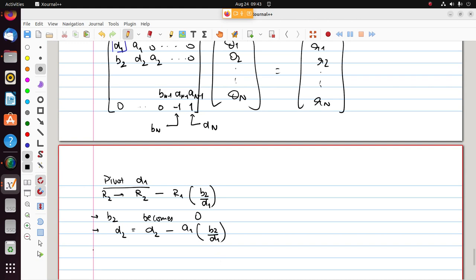What happens to A2? A2 remains the same because the term above was 0. So, you multiply anything to 0 and subtract that from A2, you get A2 only. Does the right hand side also change?